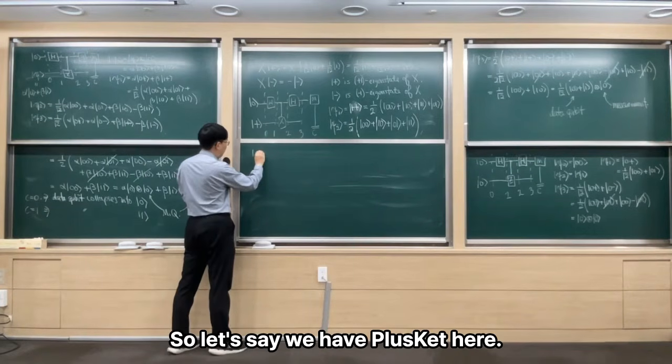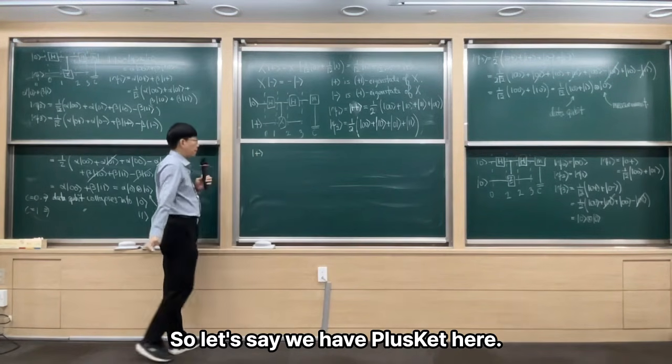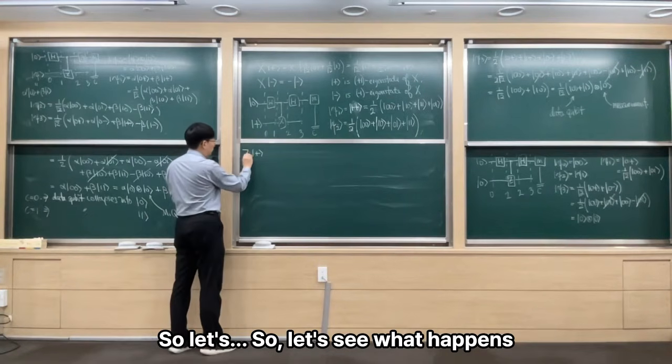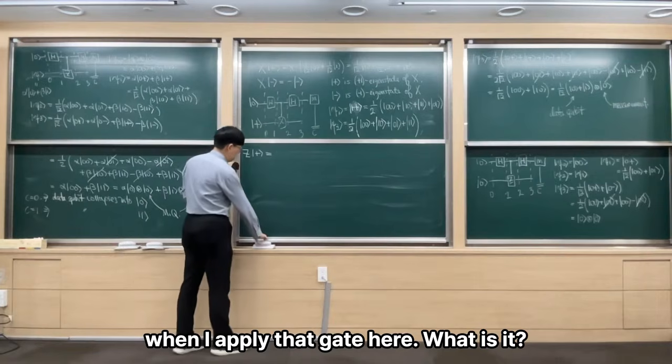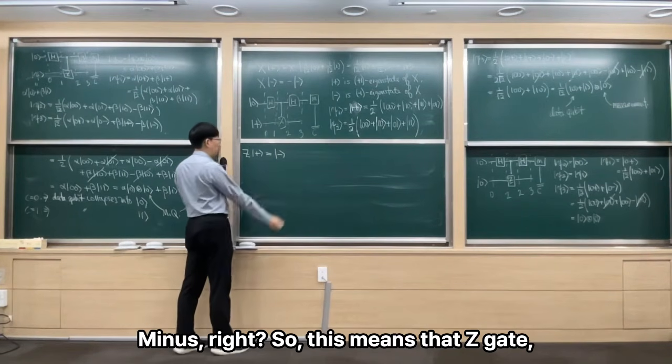So let's say we have the plus cat here. Let's see what happens when I apply the Z gate here. What is it? Minus, right?